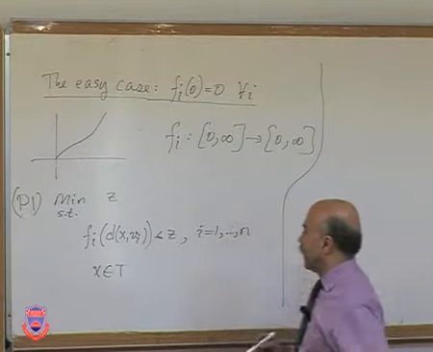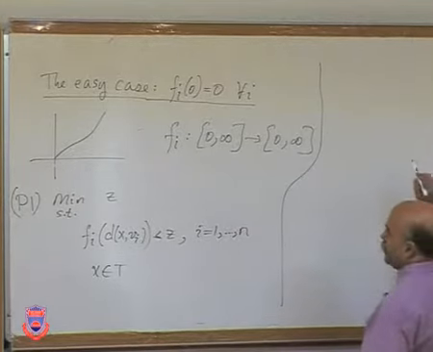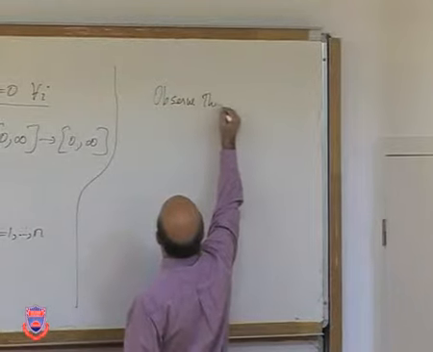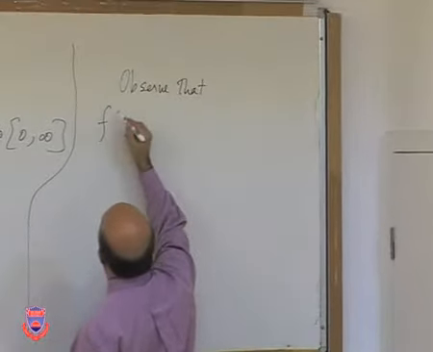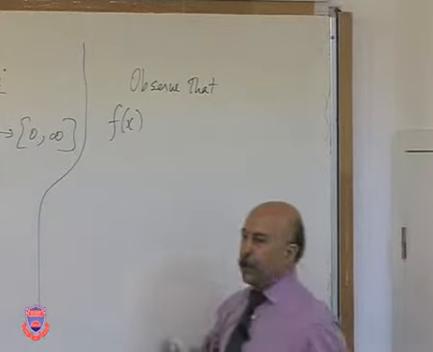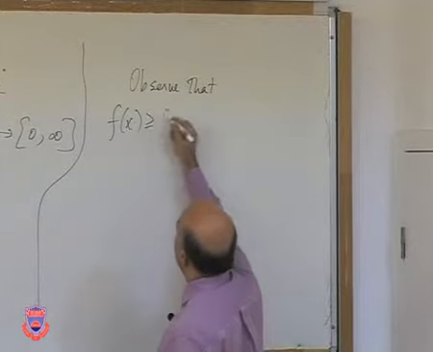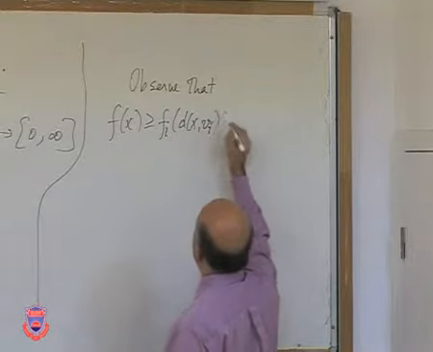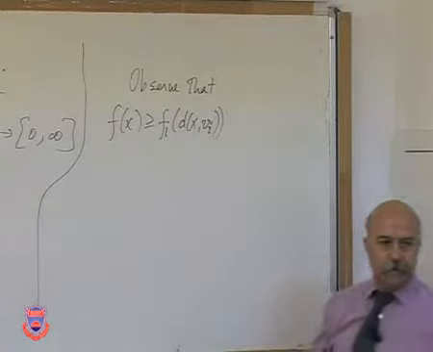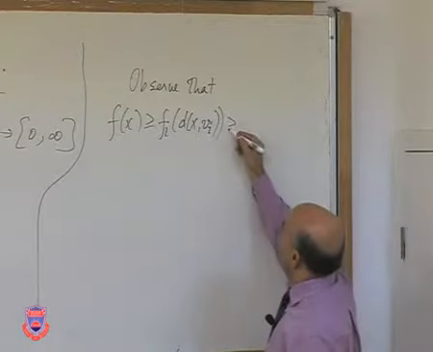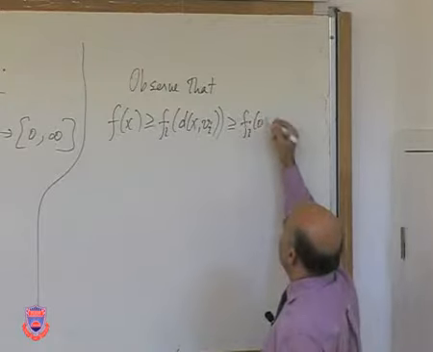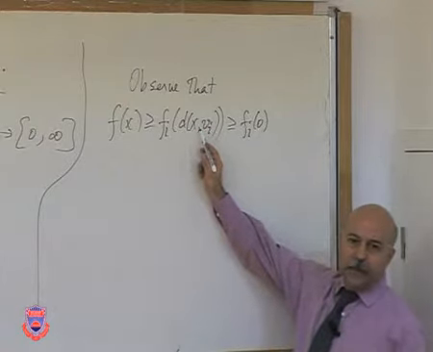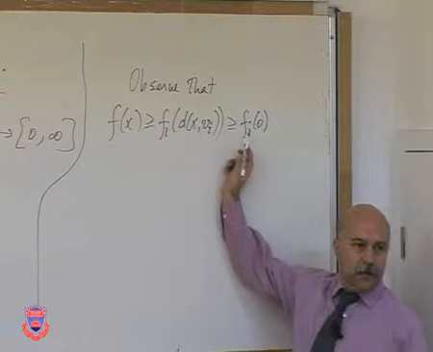Things are easy if you do the following observation. Observe that f of x is always greater or equal fi of dx vi for any i, which is certainly greater or equal fi of 0, because the distance xvi is non-negative, and because of the monotonicity, of course, this inequality follows.